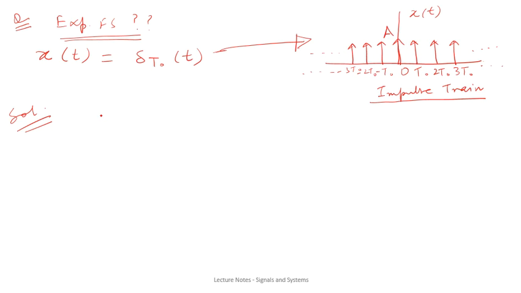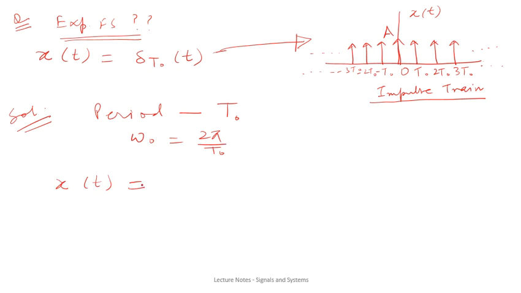Now first of all you can see that the period of this waveform is t naught here. So the fundamental frequency can be calculated by 2 pi over t naught.